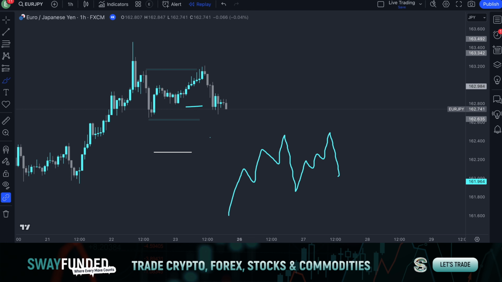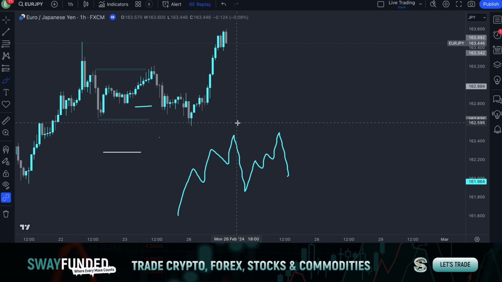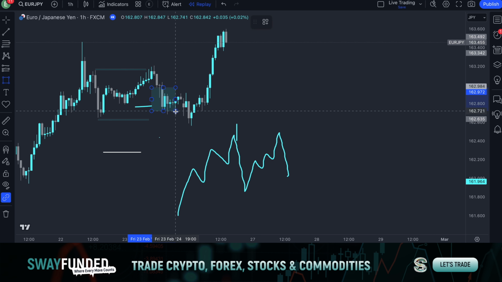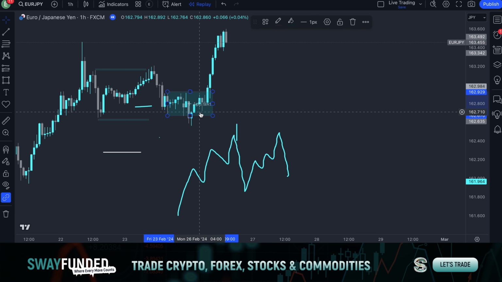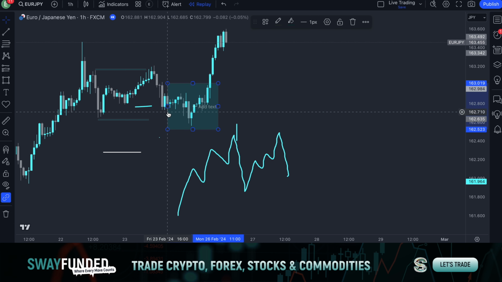So let's see. So that's what's happened. We're just ranging. So just from seeing this price action, we were able to identify there's going to be a range-bound price action condition right here.